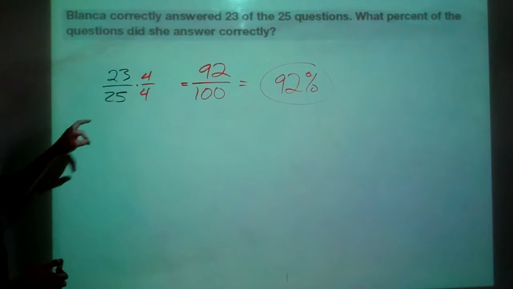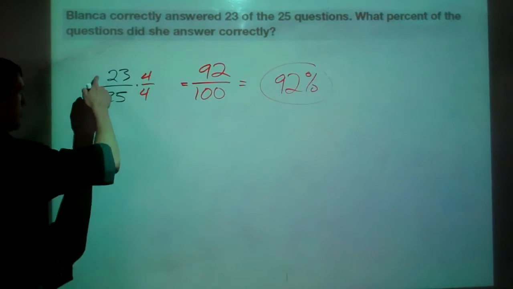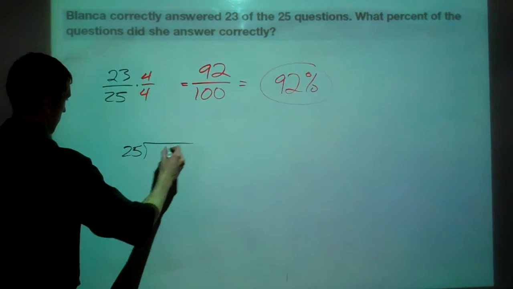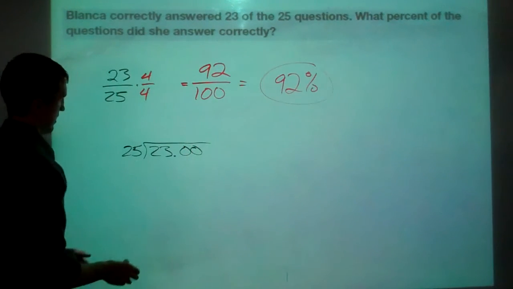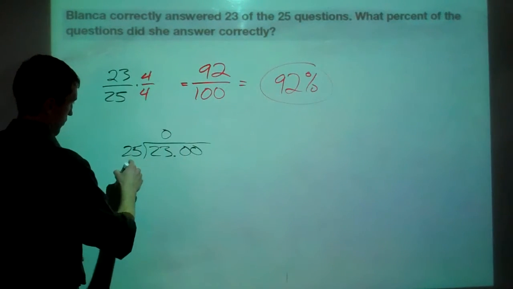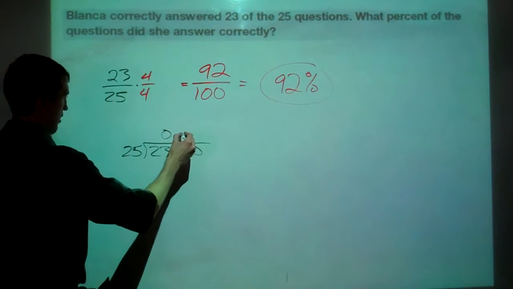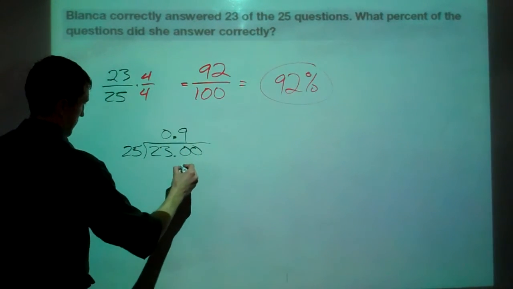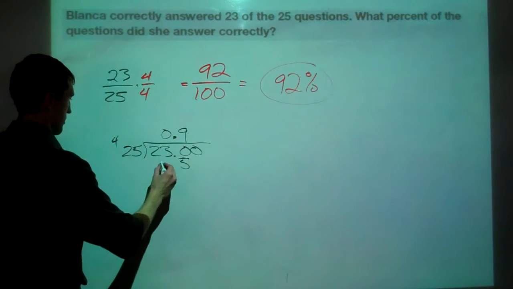The other way you would have to do this, if your denominator did not go into 100 evenly, you would have to do 23 divided by 25. So how many 25s go into 23? And we should end up getting the same answer. So I'm going to say 25 goes into 23 0 times, but it goes into 230 9 times, because we should get the same answer. 9 times 5, 45. 9 times 2 is 18, plus 4 is 22.